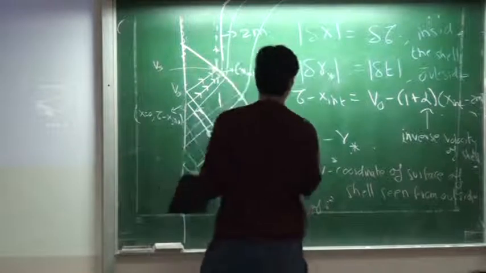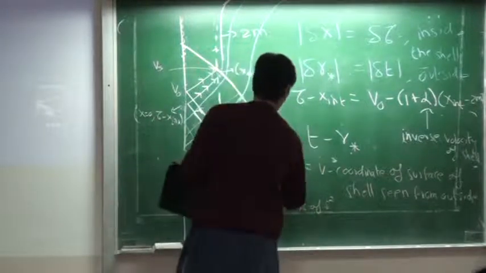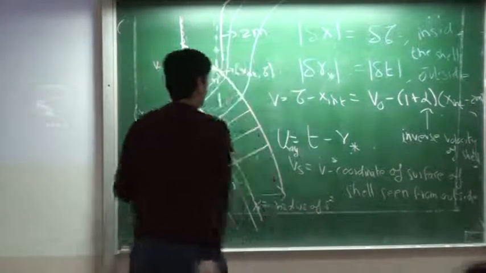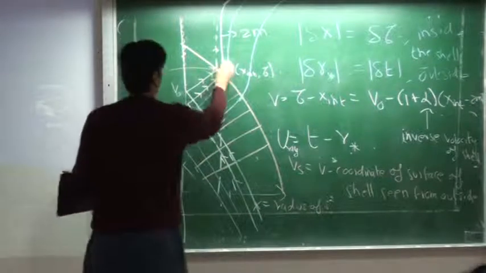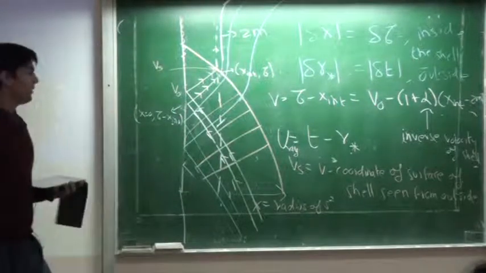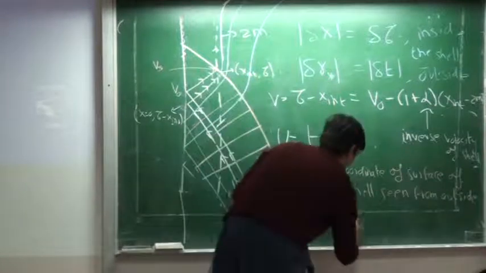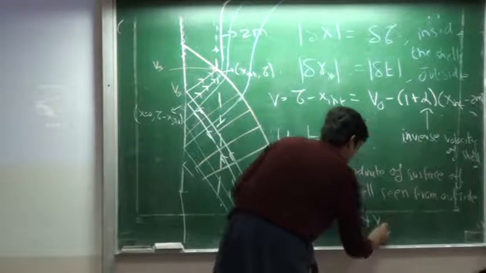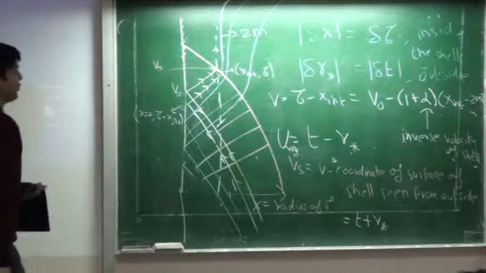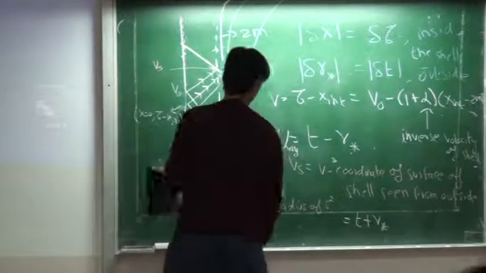Then we have, and this is the U ray. Then we find that the intersection of the white ray with this coordinate, this is just given by t plus r star. Therefore, what's r star given by?